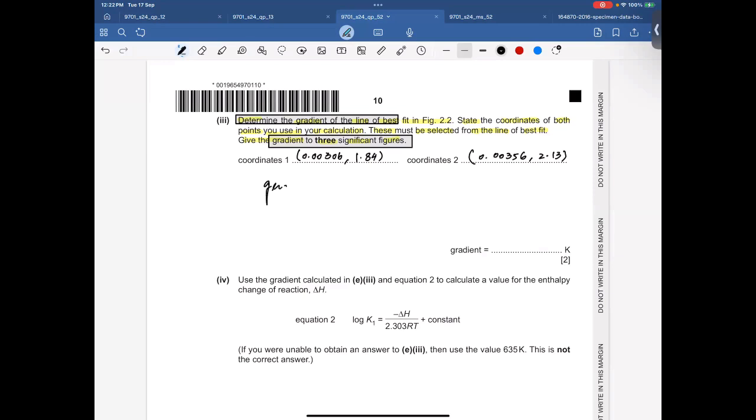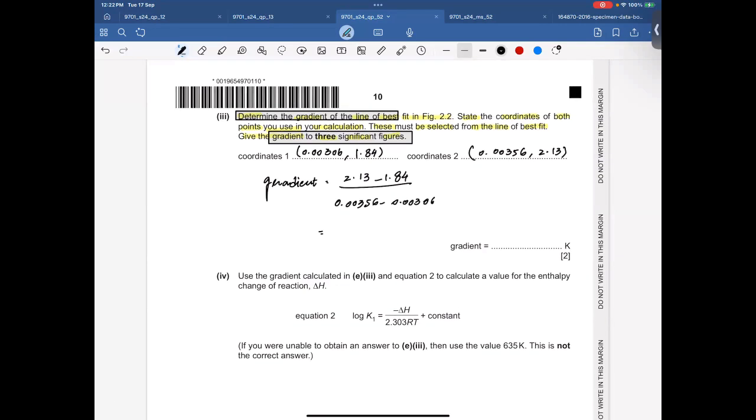The gradient is going to be 2.13 minus 1.84 divided by 0.00356 minus 0.00306. So gradient is going to be 580. Oh, no, not 580.